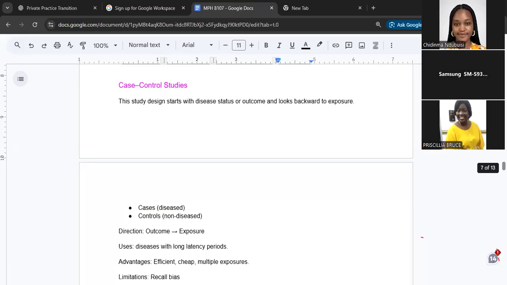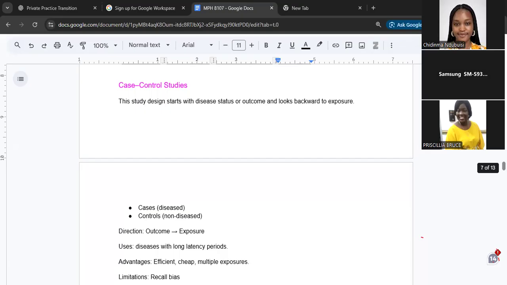Look at the name, case. Remember I said case means there is presence of the outcome we are looking for. So if it is a disease, the disease is there already. And then control means it is not there, non-diseased. This is not yet a case. This does not have the outcome. So a case control study has both the case and the control.